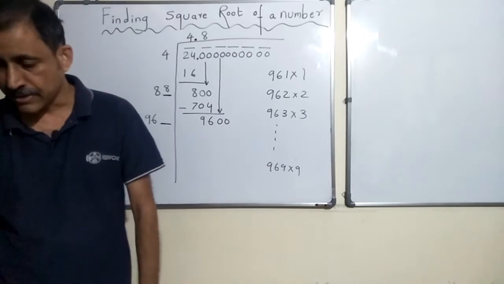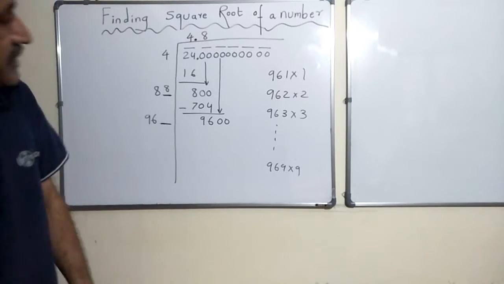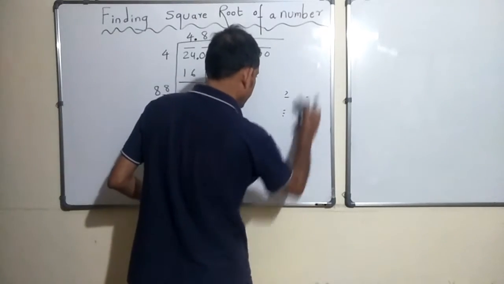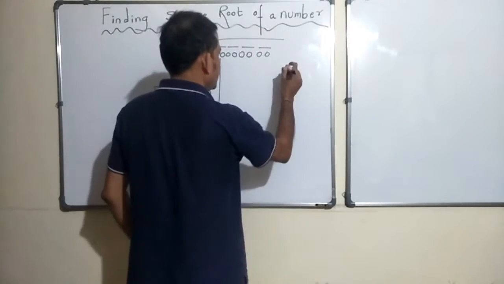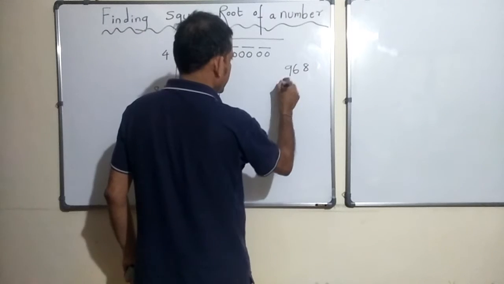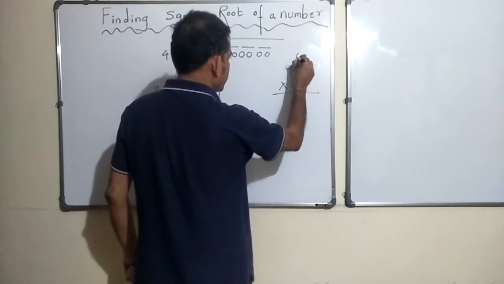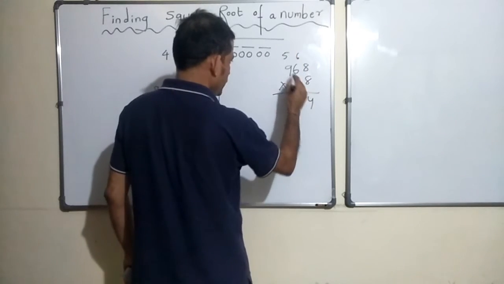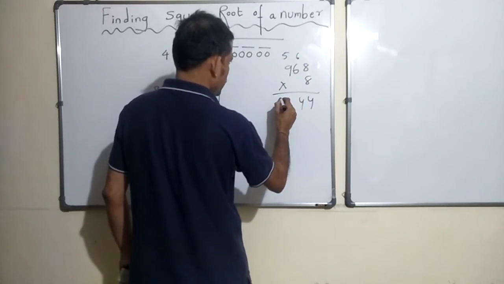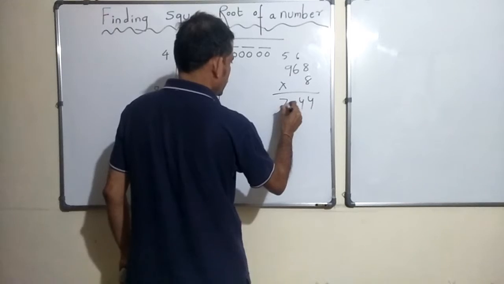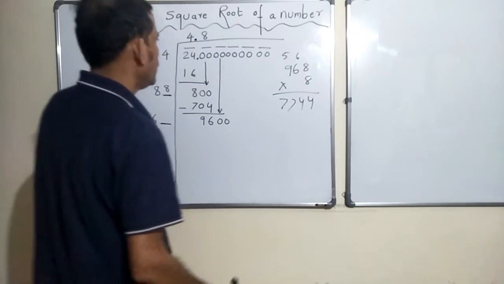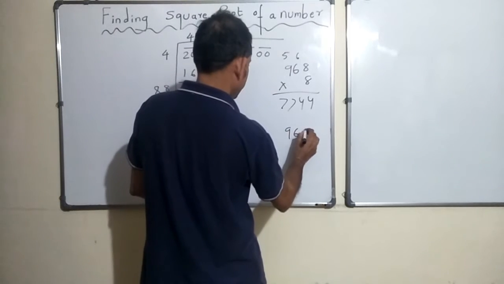Okay, so let's figure that out. It turns out it is 9. Let's figure it out. 968 into 8, and 969 into 9.